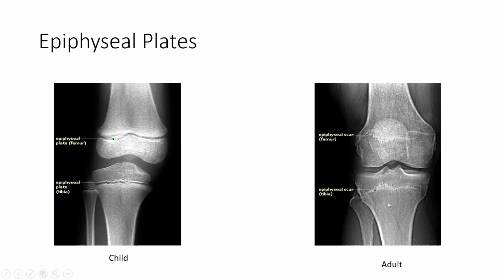So you can look at an X-ray and tell immediately, is your patient an adult, or a child, or an adolescent? Because if you can still see the growth plate, the epiphyseal plate, then they're probably still under 20-some years old. There's always going to be the exception, but this is usually the case. So these epiphyseal plates are considered joints.